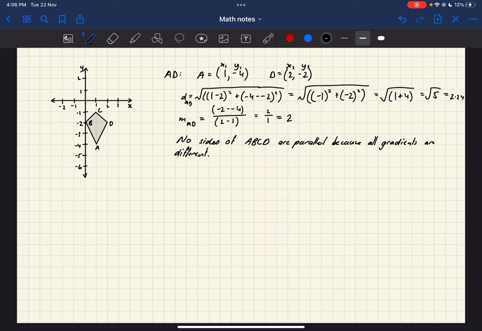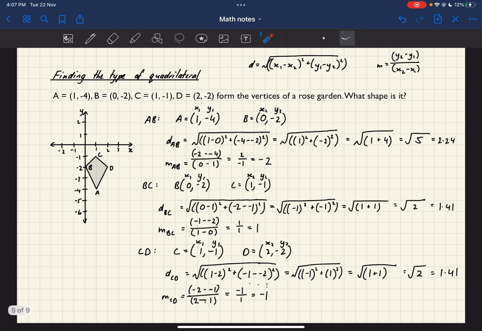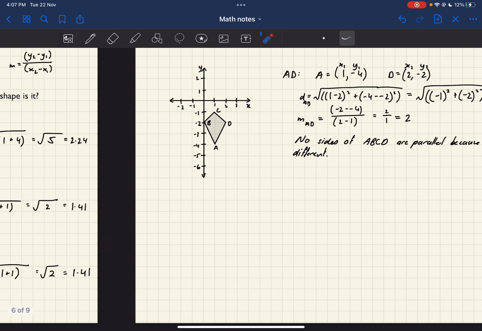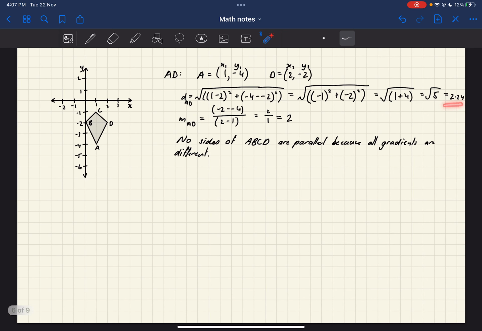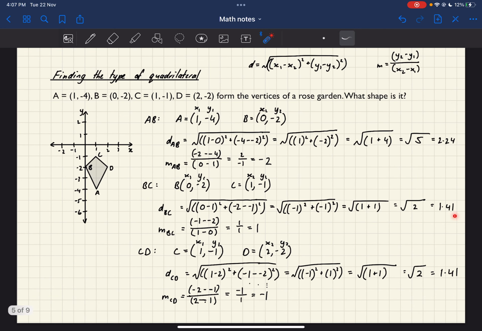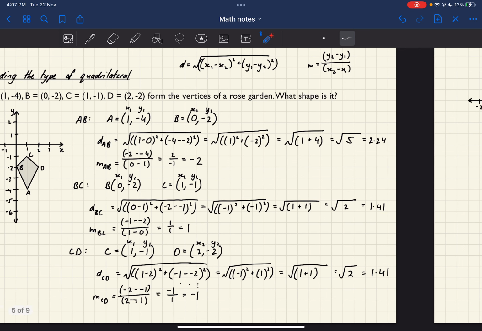But with our distances, we can see that AB has the same distance as AD and BC has the same distance as CD.